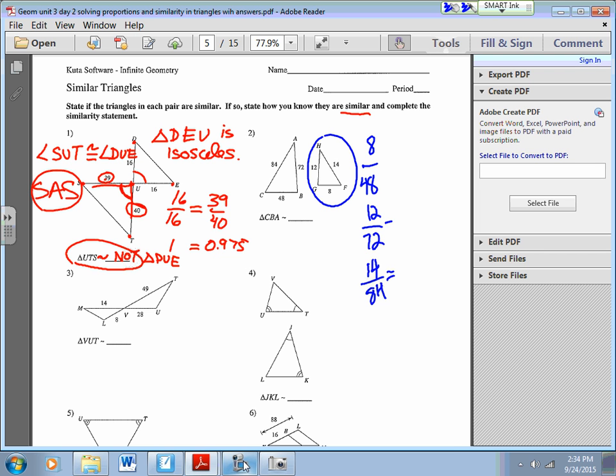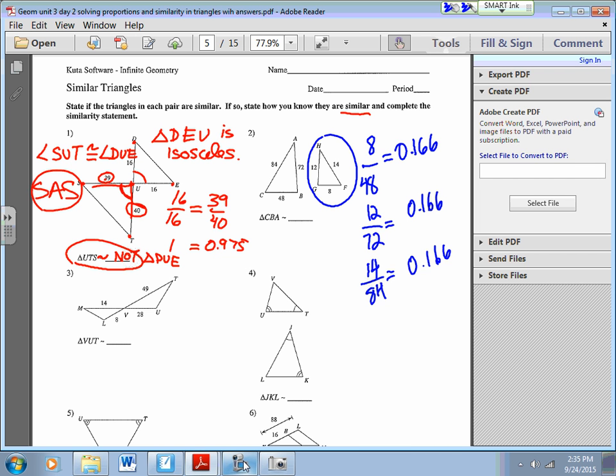All right, you need to check, are all 3 of those proportions the same number? Daisy, what number are you getting? 0.166. Is that the same thing for all of them? Can everybody verify that? Are you getting a 0.166 on all 3 of those? Yeah? Now remember I told you it didn't matter if you would have set the larger one over the smaller one.